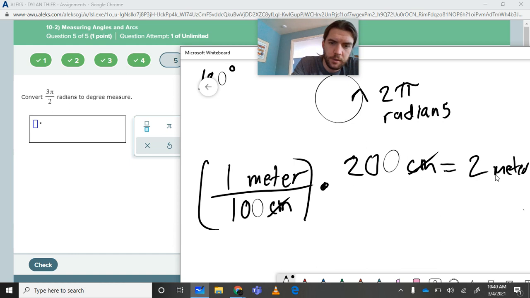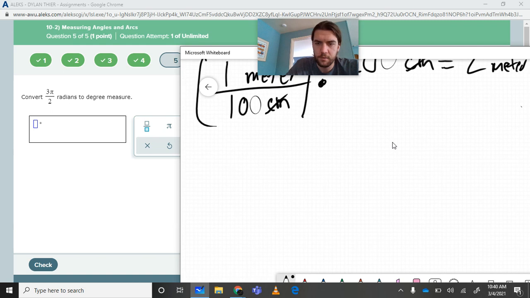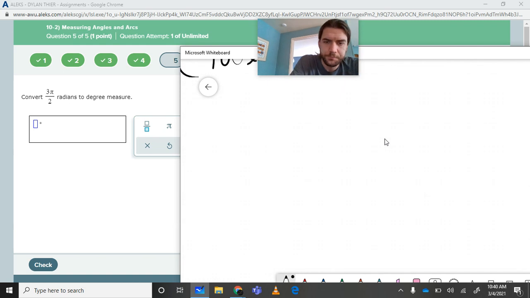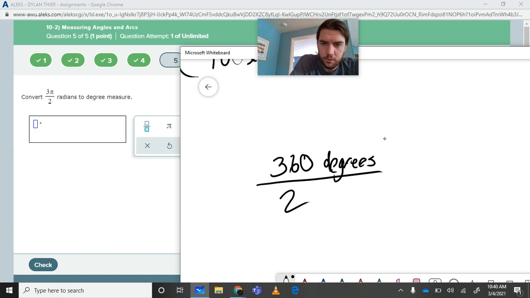Well, we'll do the same exact thing here with degrees and radians. So we will say that 360 degrees is equivalent to 2 pi radians. Okay. Radians being that other unit of measuring angles.